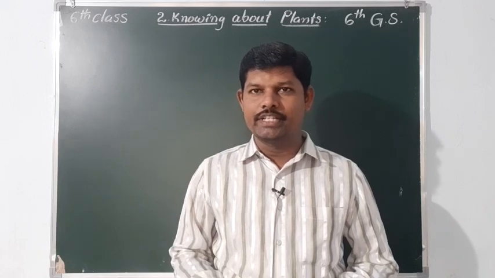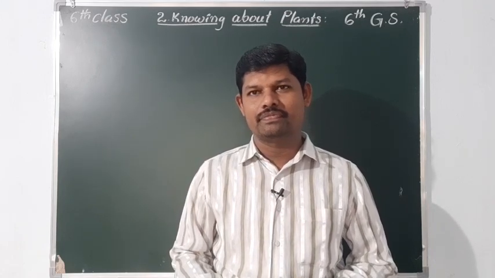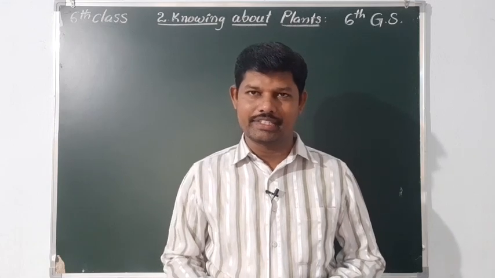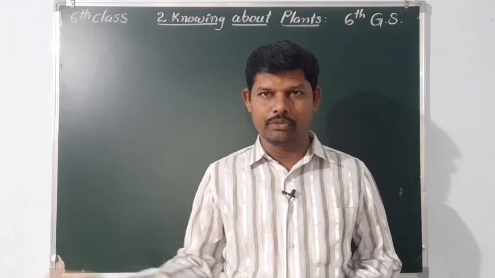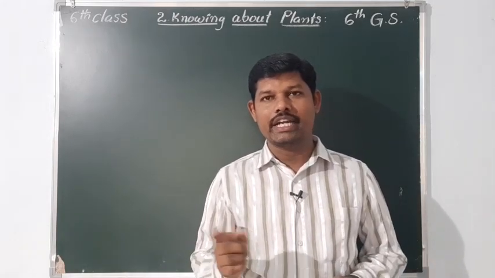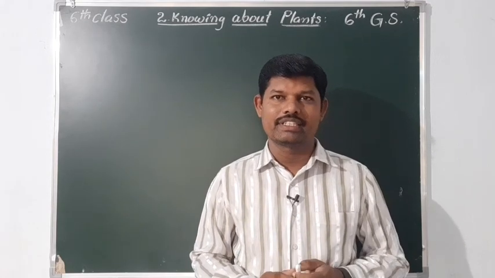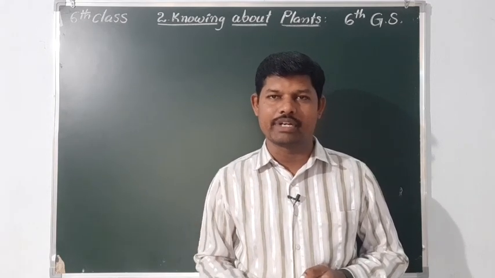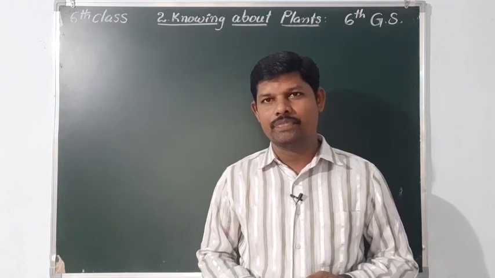What kind of plants do you find at your home or in your surroundings or in the park? Whenever you go to the park, you will observe different types of plants. So what kind of plants do you observe? After observing different types of plants, we have to answer two questions.